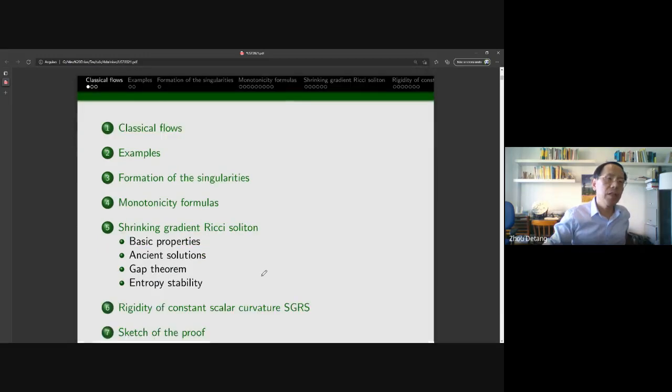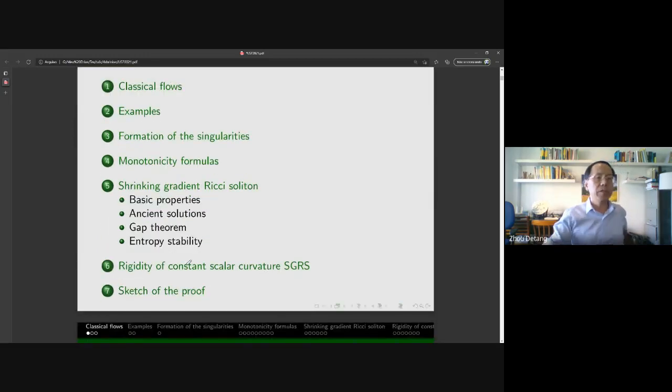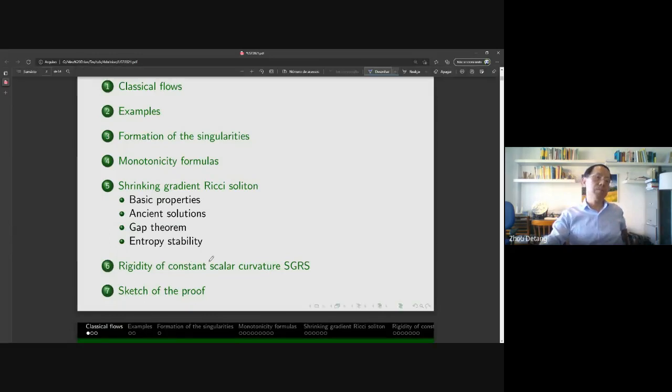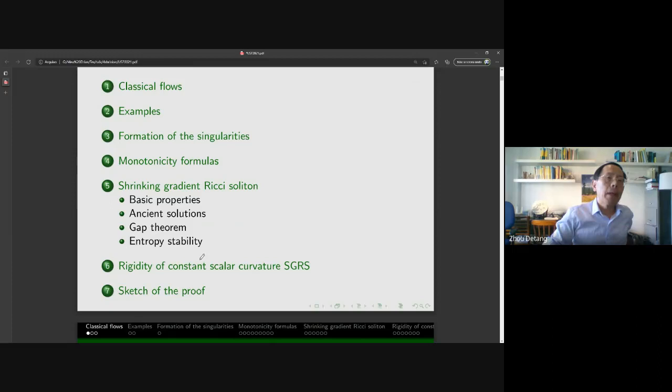So at the final, I will talk about the recent result about the classification of the Ricci soliton with constant scalar curvature. So if I have time, I will give a sketch of the proof. So maybe during the presentation, I will present some open problems which I'm interested in.